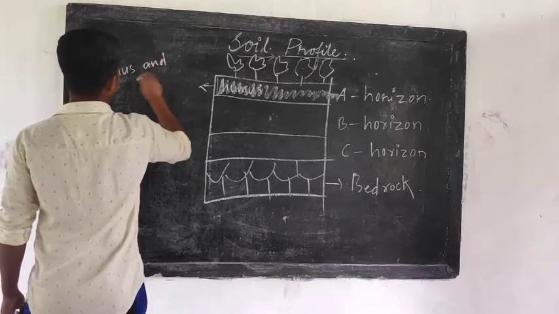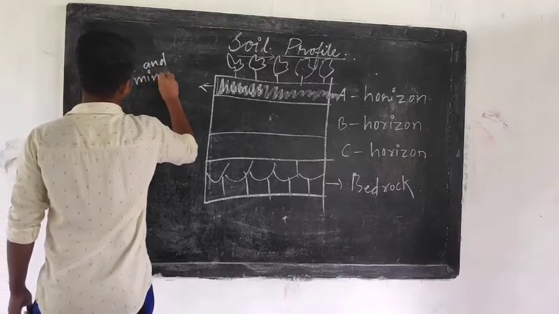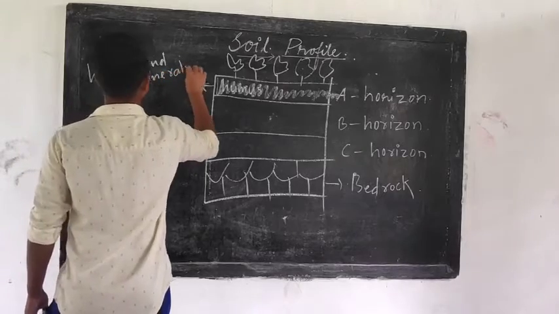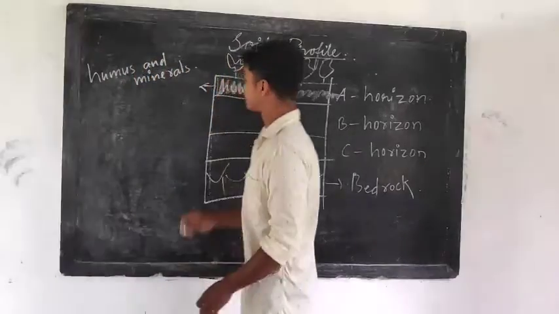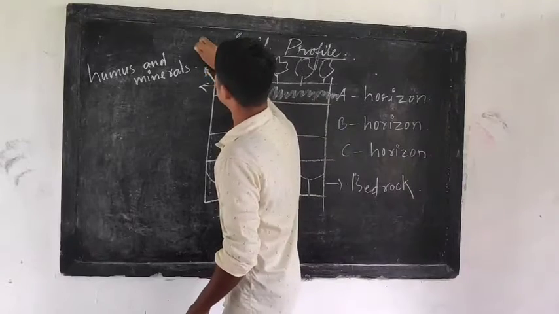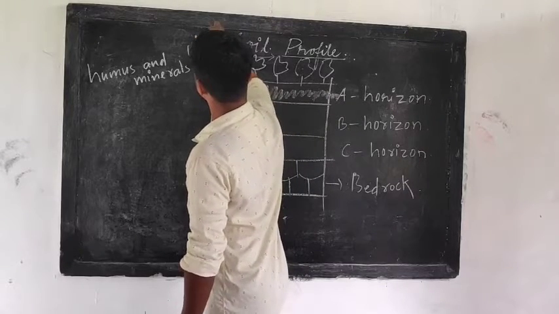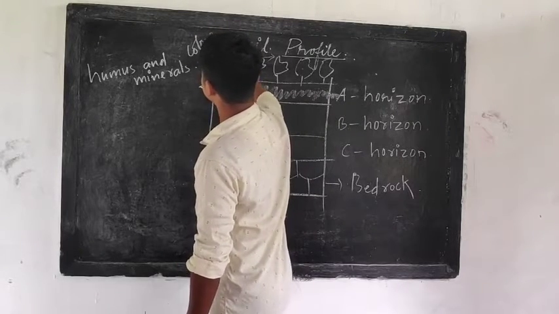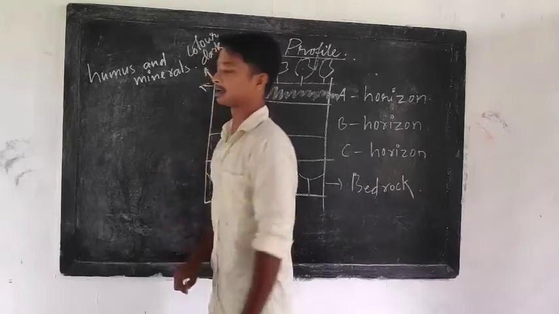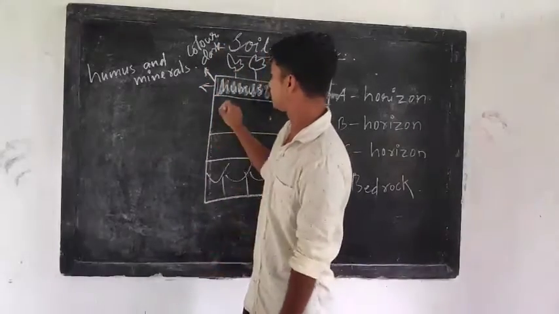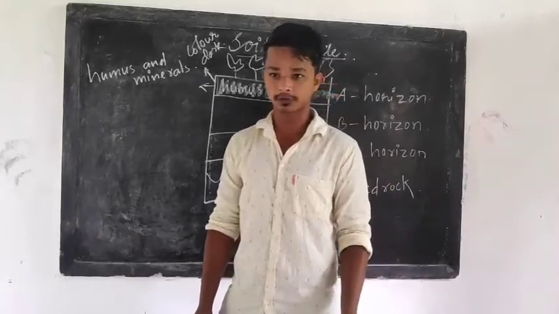The first thing is that its color is dark compared to any other soil profile.